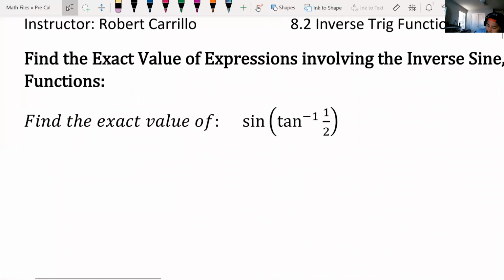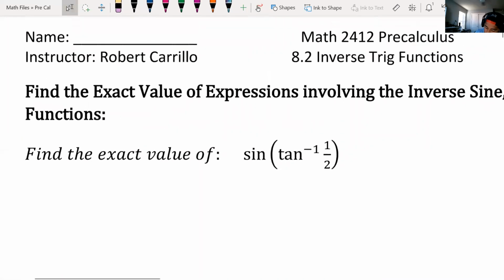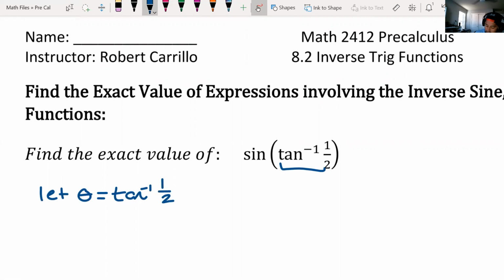Okay. So to handle these, we make a substitution. So we'll say, again, let theta equal the inside of the parentheses. So the inverse tangent of 1/2, we're going to let theta equal that. And then, of course, you apply the inverse to both sides.